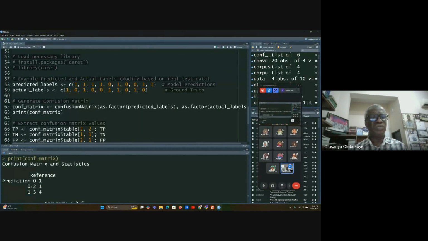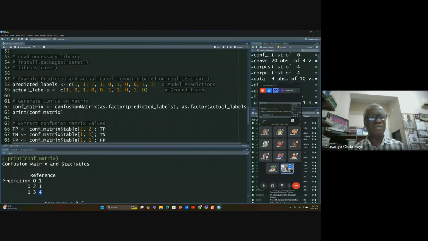So 2 were predicted to be negative when they were actually negative. 1 was predicted to be negative when it was actually positive. 3 was predicted to be positive when it was actually negative.